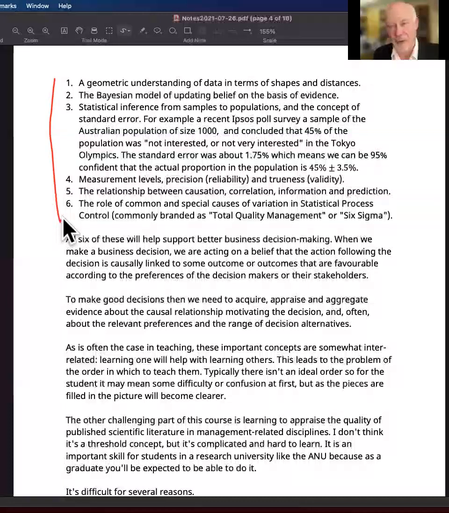I've tried to pick what I think is the best order, but it will mean that in the early stages of the course, some things might seem rather difficult or perhaps a bit vague, but they will become clearer as we work our way through these concepts. So I'm just giving you a little heads up about that.